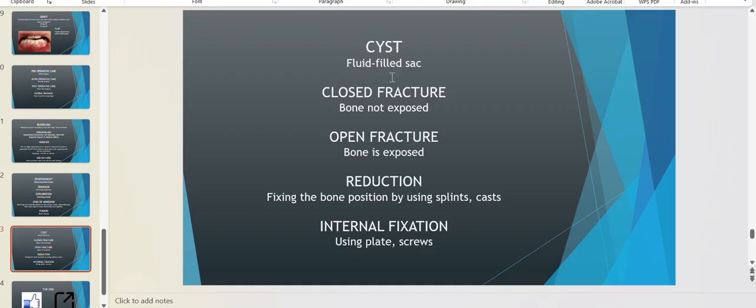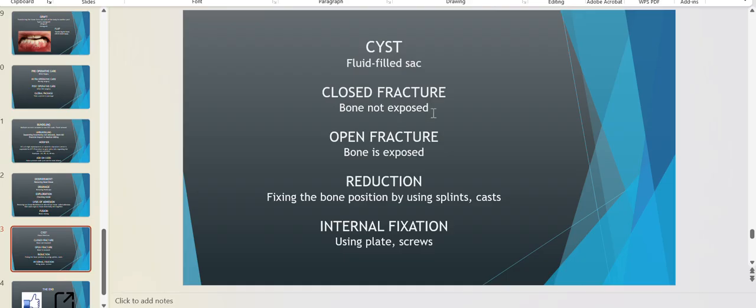Now next, closed fracture. What do we mean by fracture? Fracture means a break in the bone. Closed fracture means the bone is not exposed. If the bone is not exposed, how is the closed fracture repair performed? Using a cast or splint. In a closed fracture, the bone is not exposed.